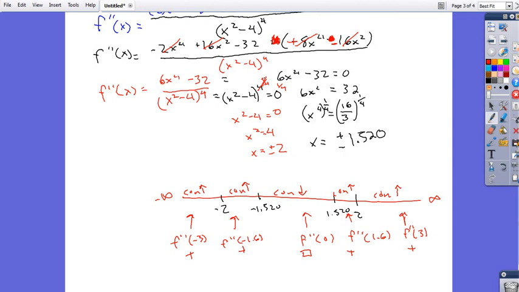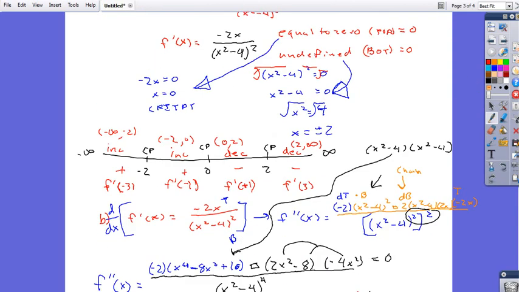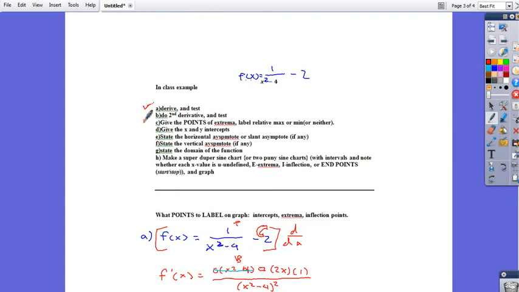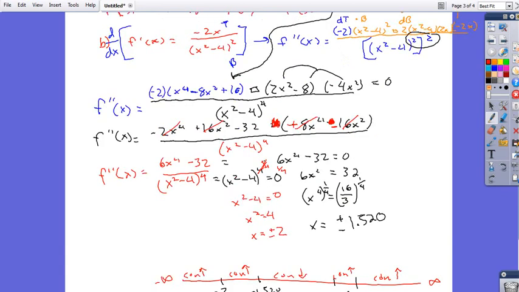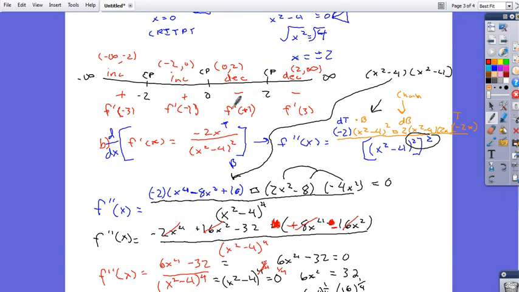So here we go. Working back up, we did the second derivative test. We got that good. Now we're going to get the points of extrema. Now know the points of extrema only refer to the critical points. So let's just look at the critical points. Well, critical points are here, here, and here. So negative 2, 0, 2.